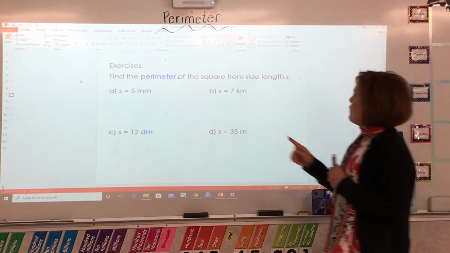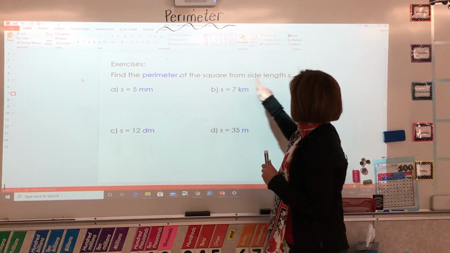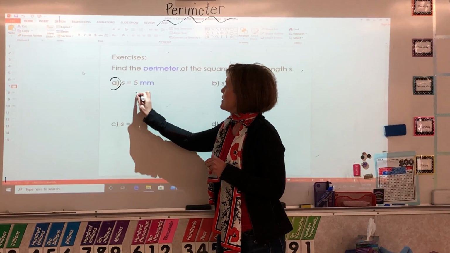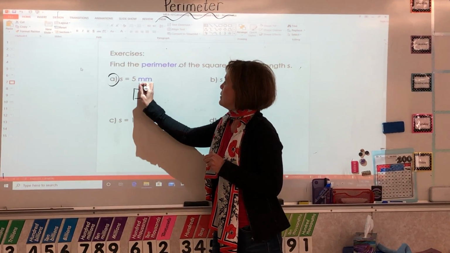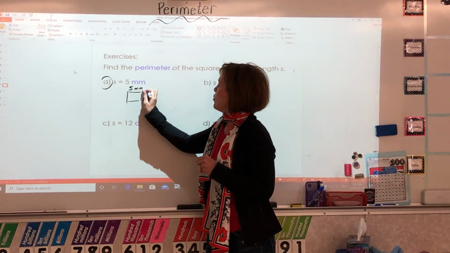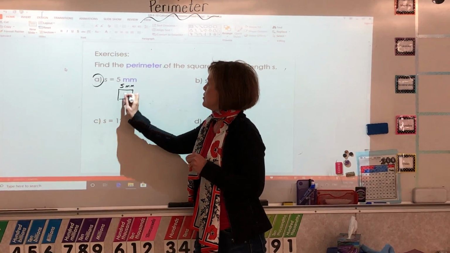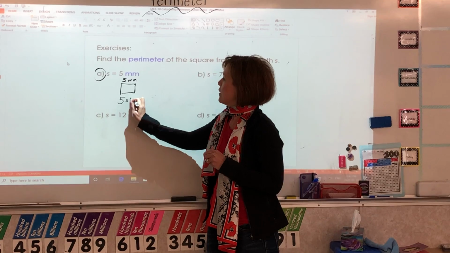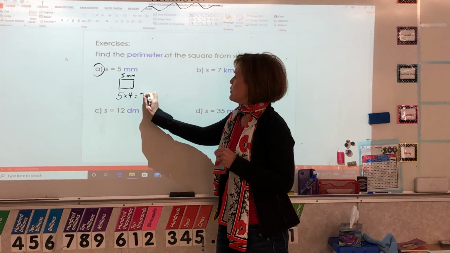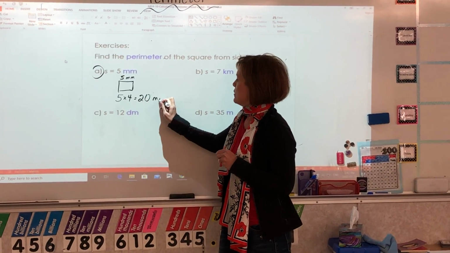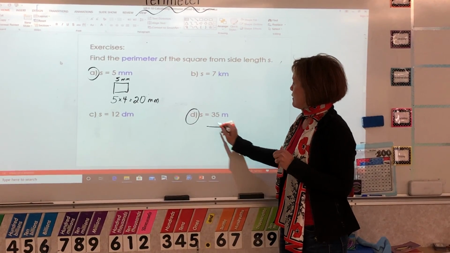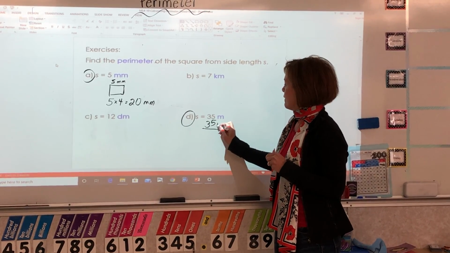All right, now find the perimeter of the square from side lengths. Well, once you know that in this square, one side is only 5 little millimeters long, how do you know the whole perimeter? Well, we just learned that all 4 sides are the same, so you can just times that by 4. 5 millimeters times 4 is 20 millimeters. And over here, let's do D. One side is 35 meters.